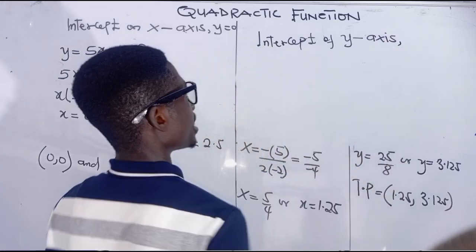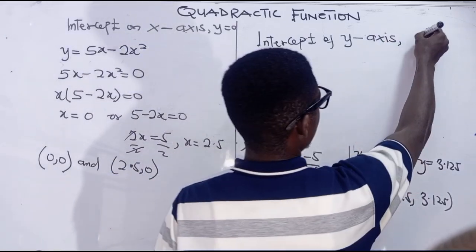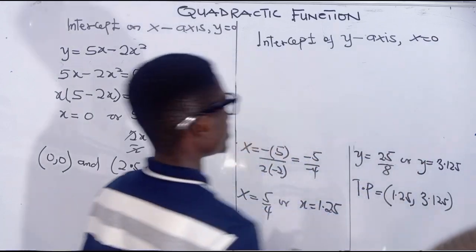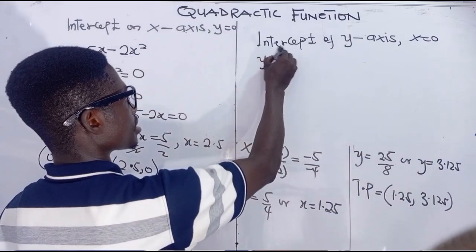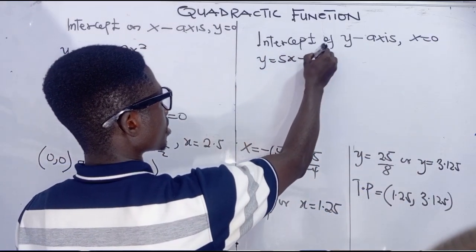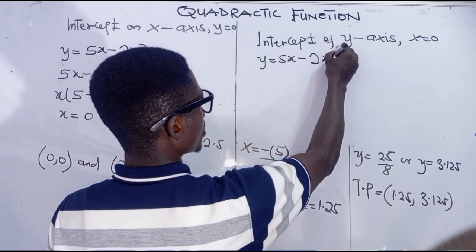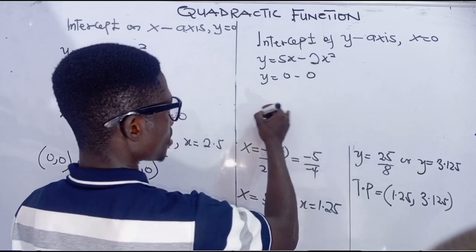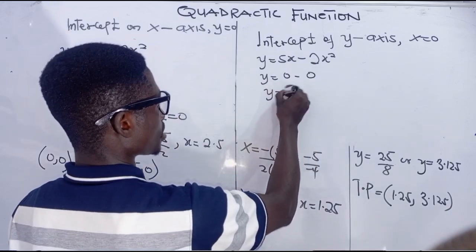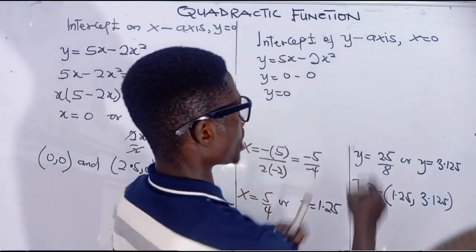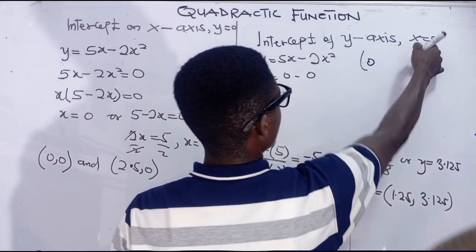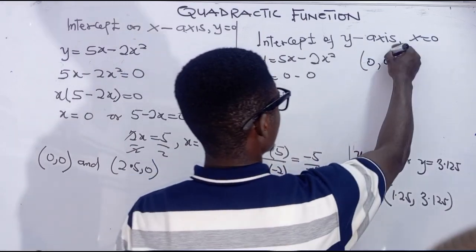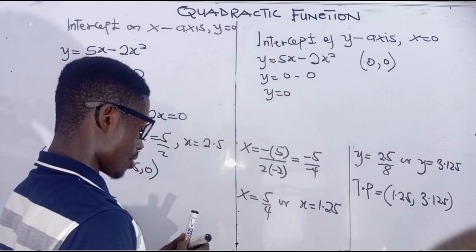On the y-intercept, our x is going to be 0. So we are going to have y is equal to 0. So on the y-intercept, we are going to have (0, 0). So that is the y-intercept.